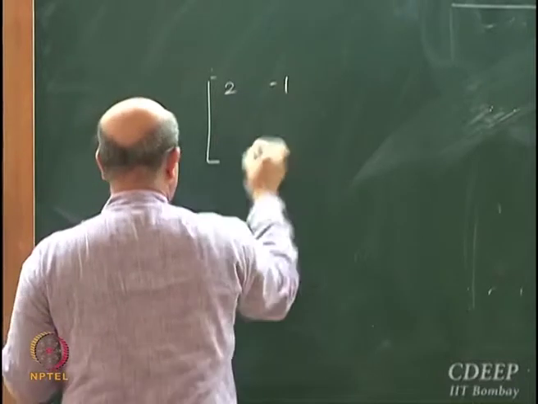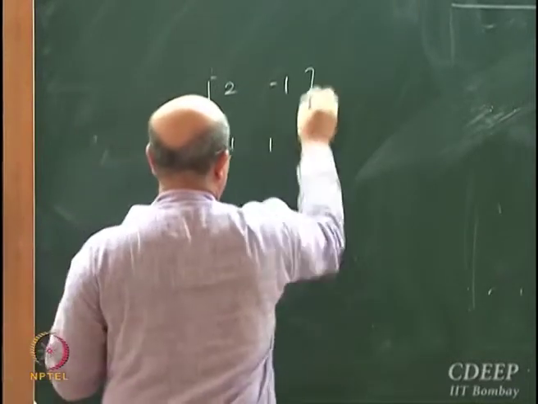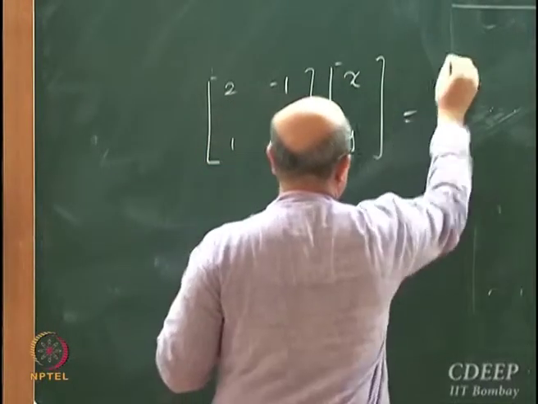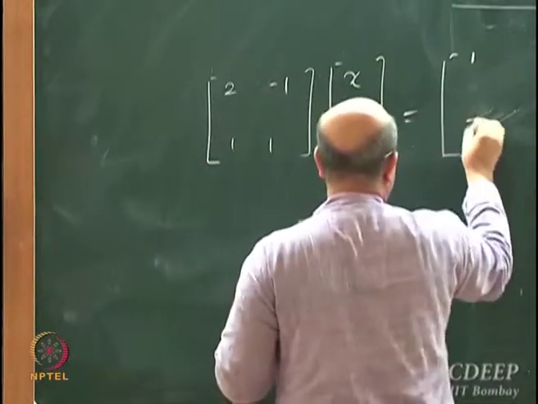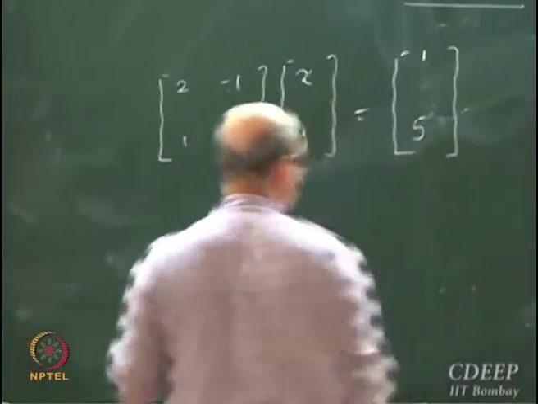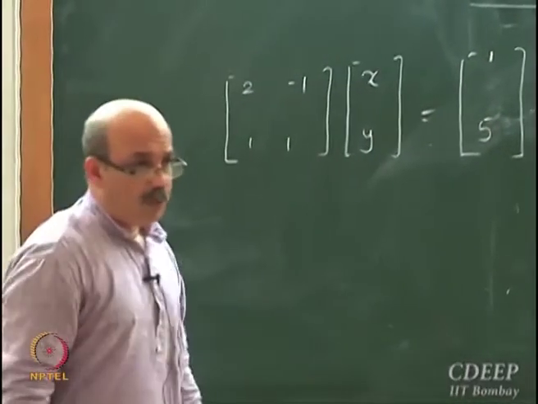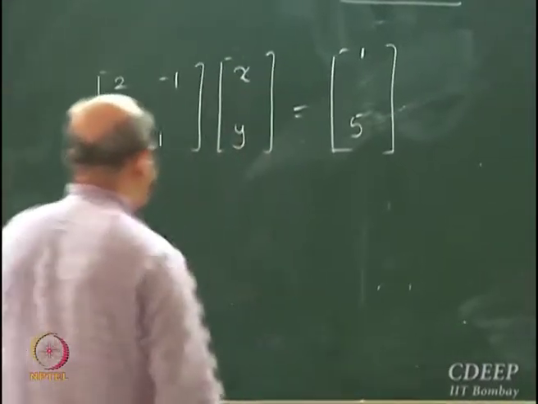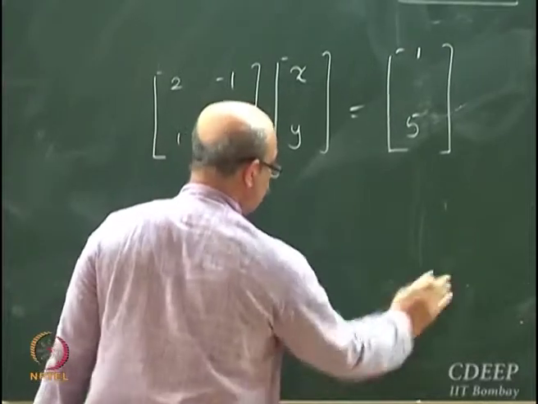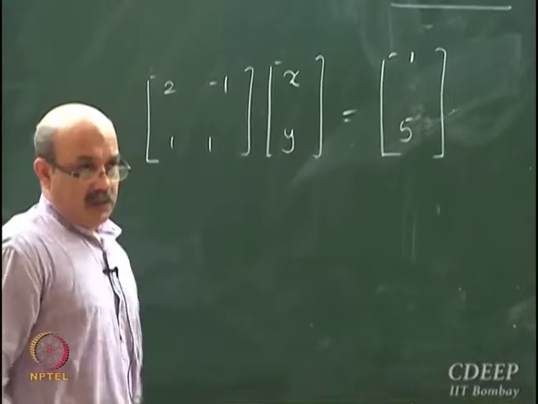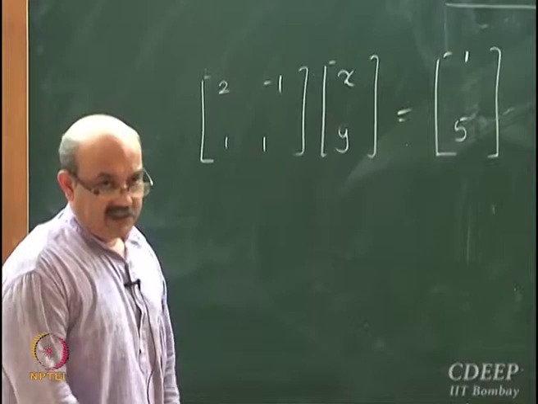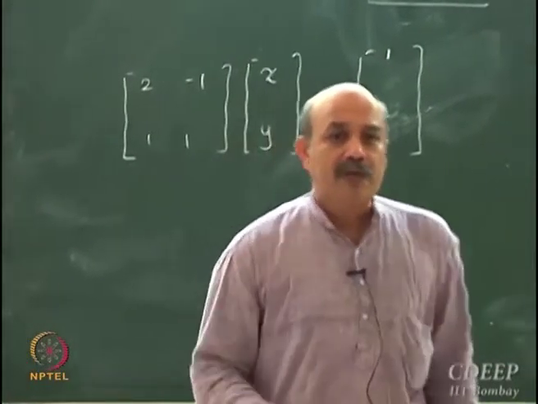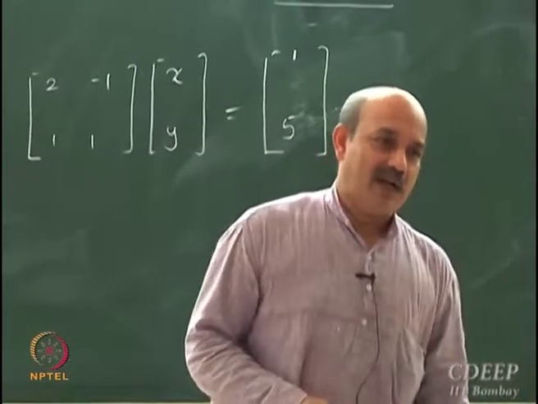which is the matrix [2 -1; 1 1] times [x y] is equal to [1 5]. Now there are two viewpoints by which you can geometrically visualize the solution. One viewpoint, which is taught in our schools, is two lines intersecting, or when it goes to 3 equations in 3 unknowns, we talk about 3 planes intersecting at one point and so on.